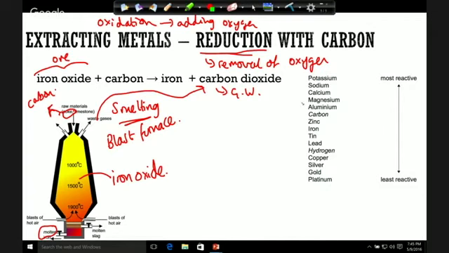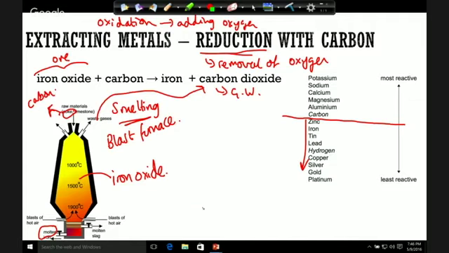Now, this reaction, importantly, only works for anything below carbon. So reduction with carbon only works for these metals here. It doesn't work for the metals above because carbon is more reactive than these metals. So it can come in, and it's a little bit like a displacement reaction. It can come in and take that oxygen away from the iron.